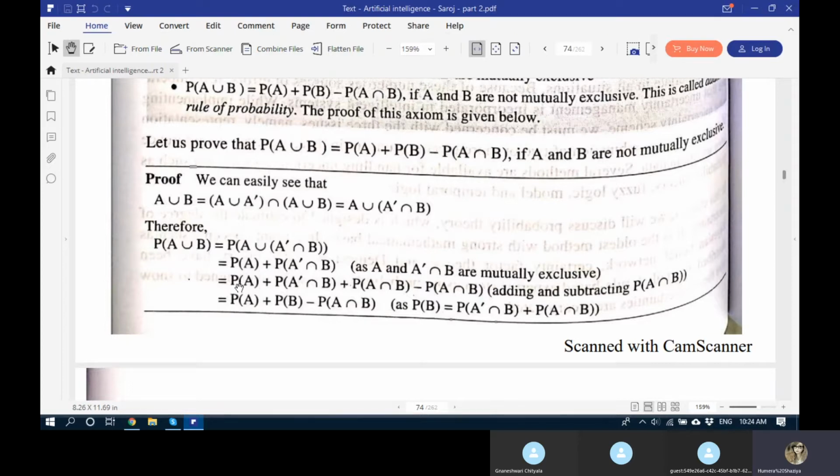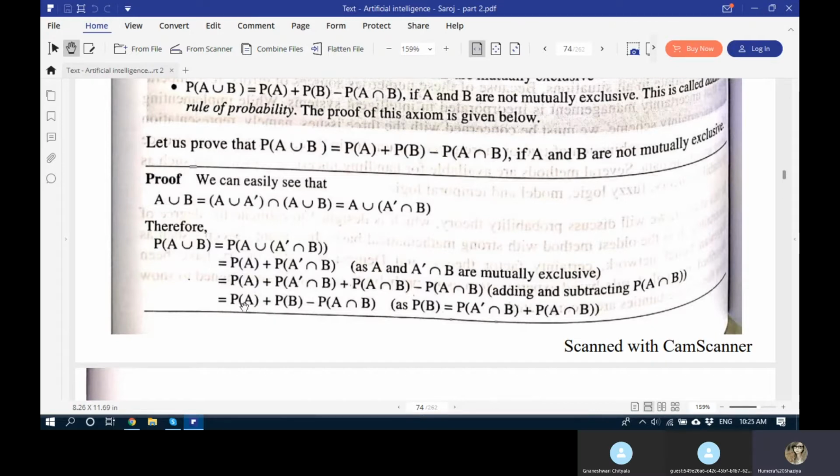And here, P of A plus P of A complement and B plus P of A and B minus P of A and B. This you can add and subtract; this operation you can perform without changing the meaning.